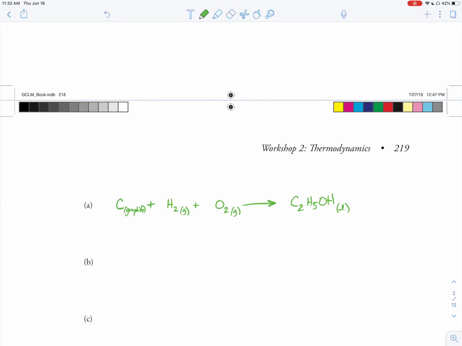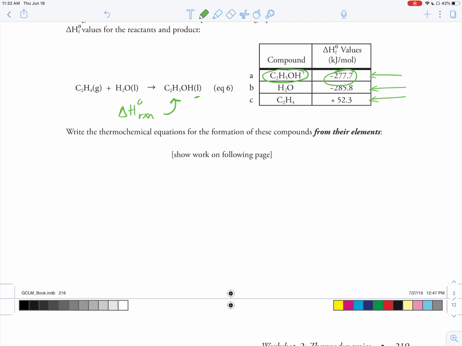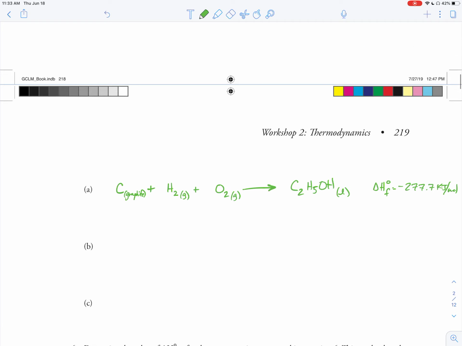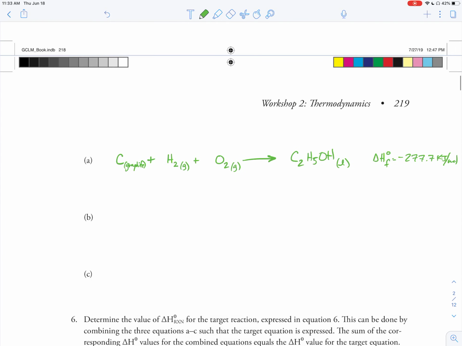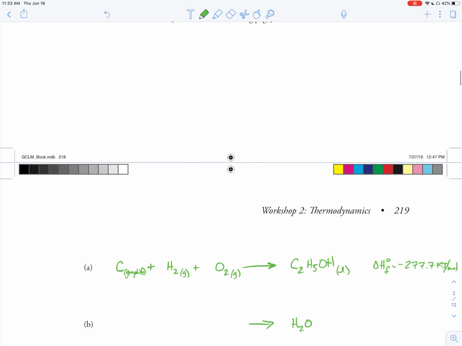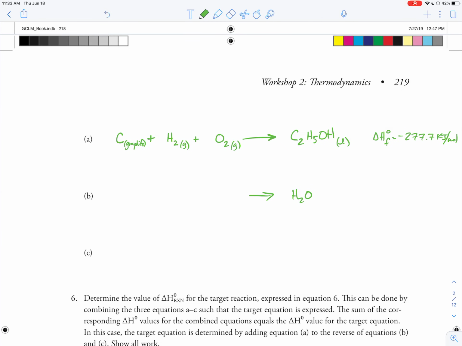Okay, so that is the reaction. We wrote it from the elemental forms. The delta H naught of formation for this particular substance is equal to negative 277.7 kilojoules per mole. There you go. Now we want to do the next substance. This is water, so we're doing H2O. We're probably going to be using the liquid form there because that's how it's in our formula.